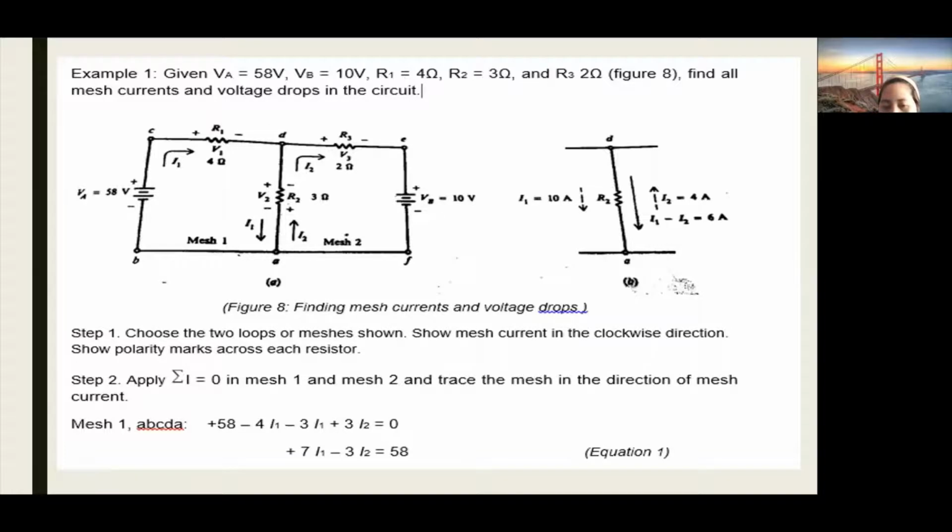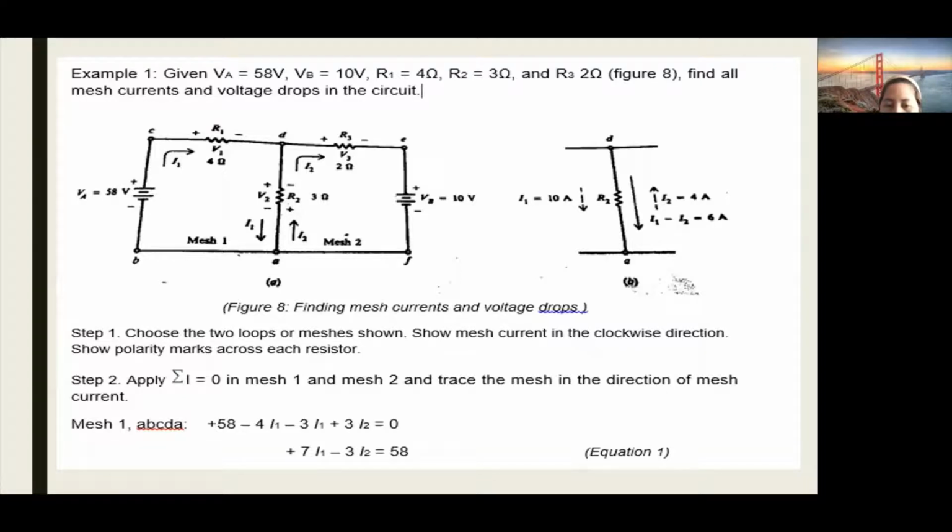So transposing 58 to have equation 1. By transposing, the negative 7 becomes positive 7, and the positive 3 I2 becomes negative.